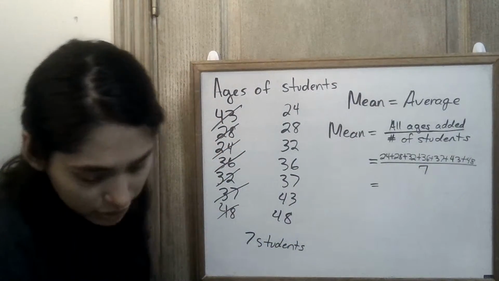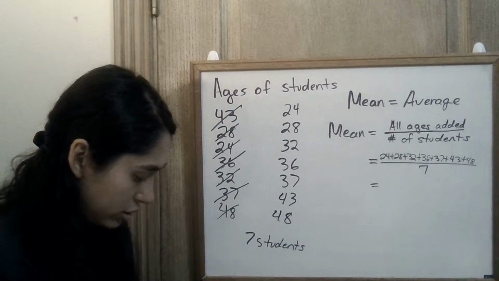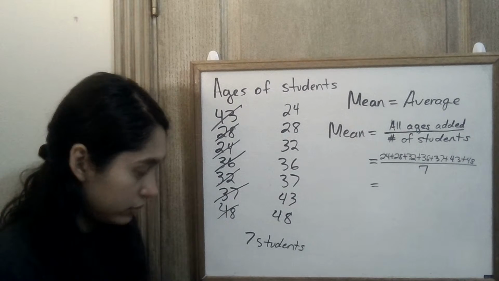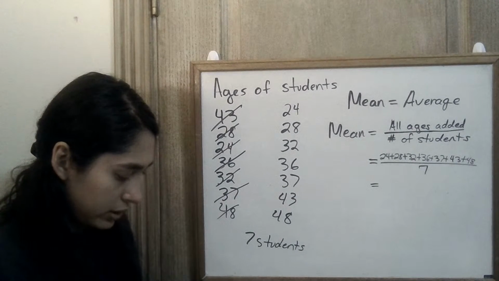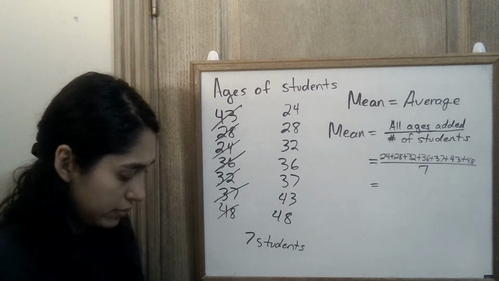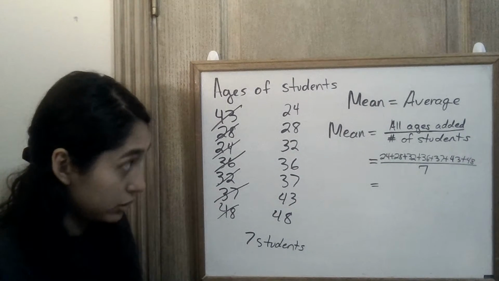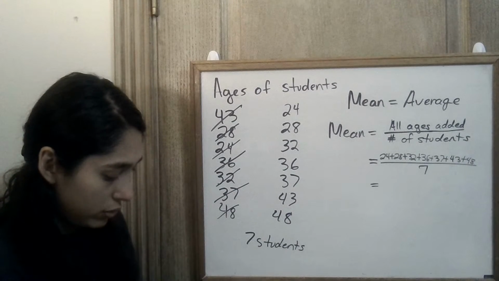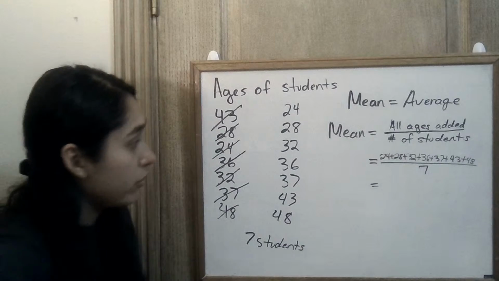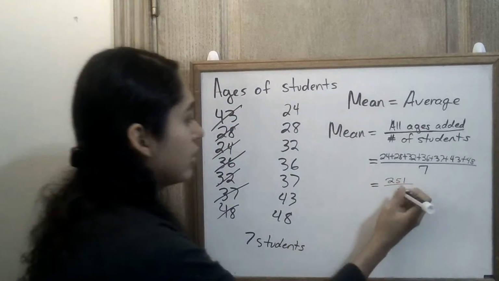Go ahead and plug that into my trusty calculator. We have 24 plus 28 plus 32 plus 36 plus 37 plus 43 plus 48. All of that is equal to 251. And now we're going to divide that by 7.